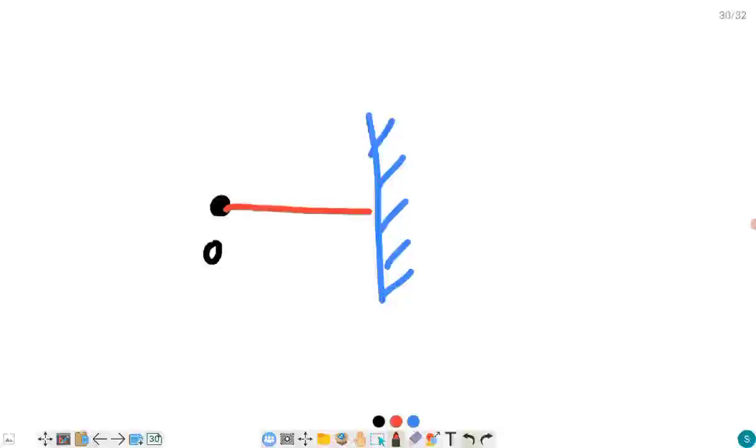Now one ray I am taking with normal incidence. You know what normal incidence is already. Here you have I, here you have R and N also. Then one more ray I am taking here with a certain angle.